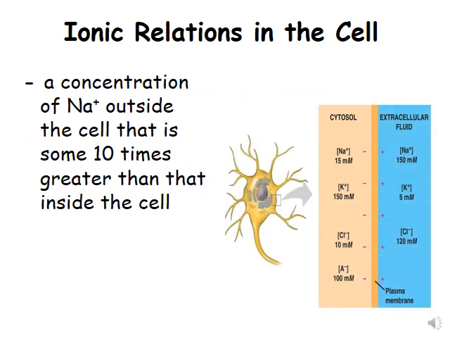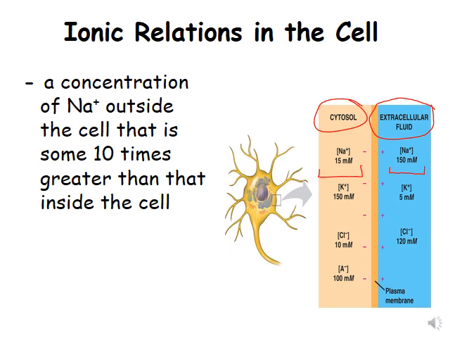So this is the cytosol, meaning inside the cell, with the plasma membrane, and the extracellular fluid outside. The concentration of Na+ outside the cell is 10 times greater than inside the cell. As you see here, the concentration of Na+ is 150 millimolar in the extracellular fluid, while in the cytosol it's 15.